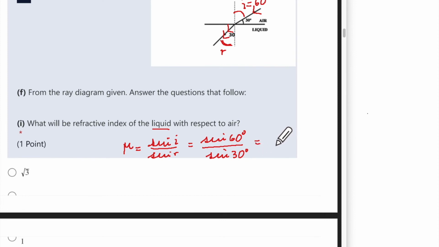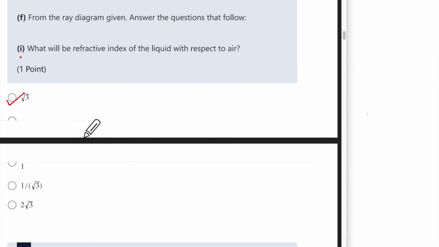So sine of 60 degrees is root 3 upon 2, upon sine 30, which is half. So that gives us root 3 upon 2 multiplied by 2 upon 1. That will give us root 3 as our value. And what is the option? Root 3, 1 upon root 3. This is the option. Let us see the other options. So this is the option.